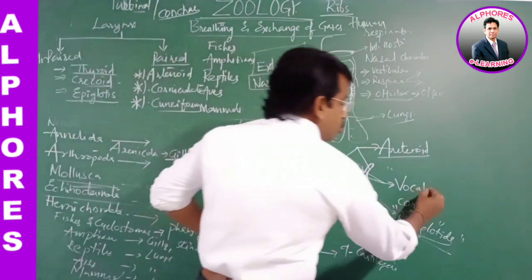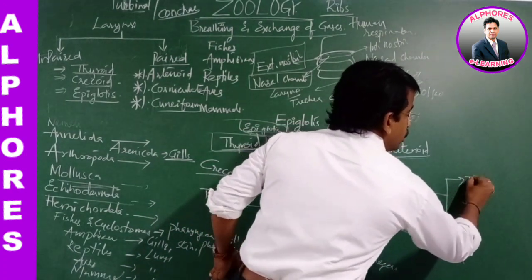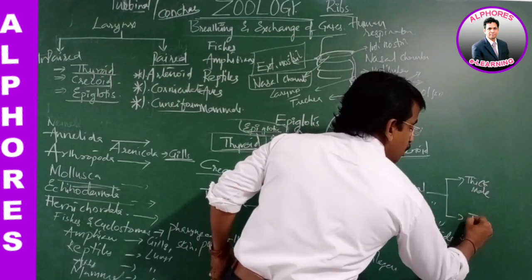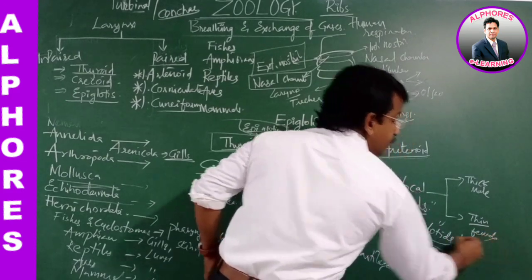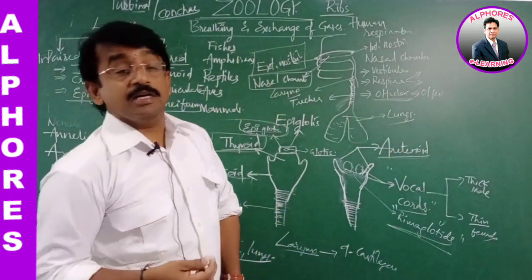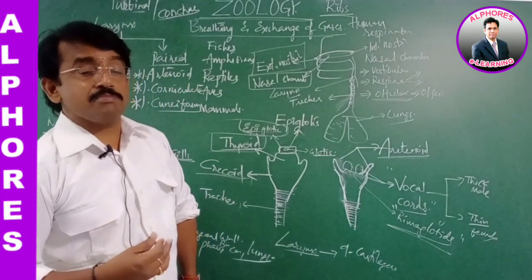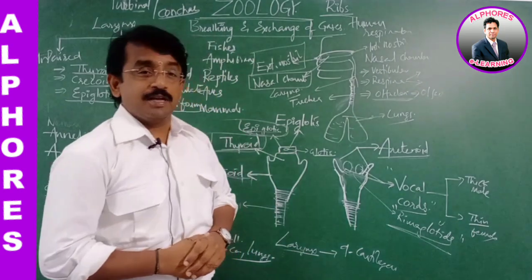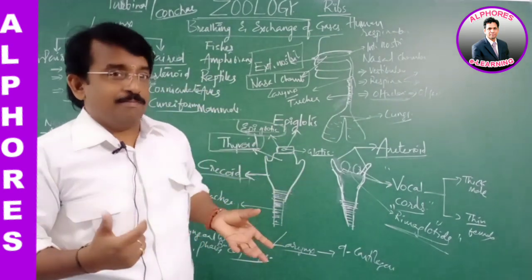Basically, the vocal cords are thicker in males, whereas they are thin in females. It is also said to be a sexually dimorphic structure. Males have a low pitch voice, whereas females have a high pitch voice. Why?